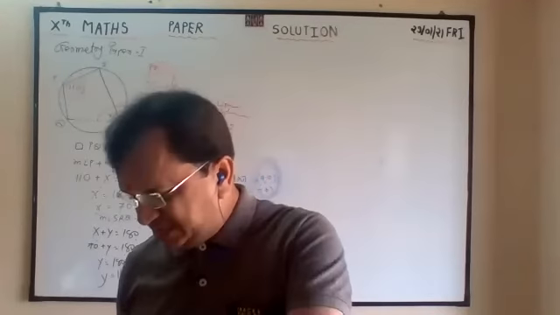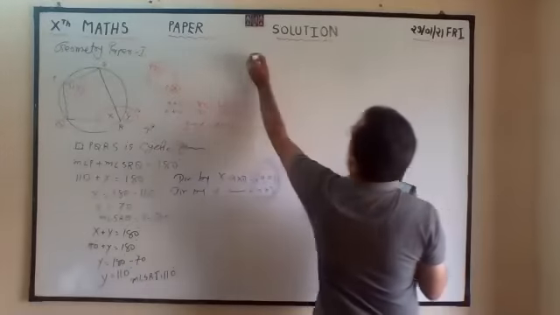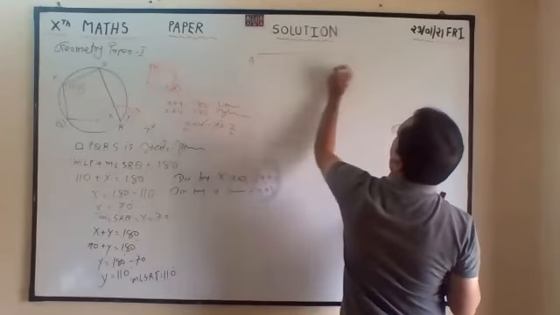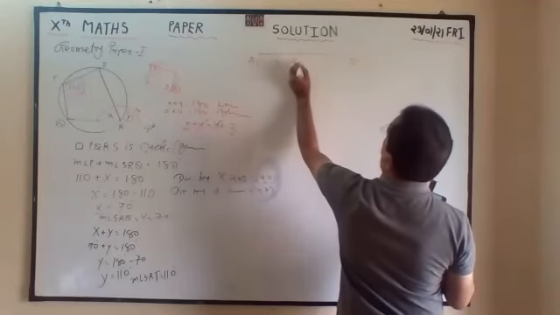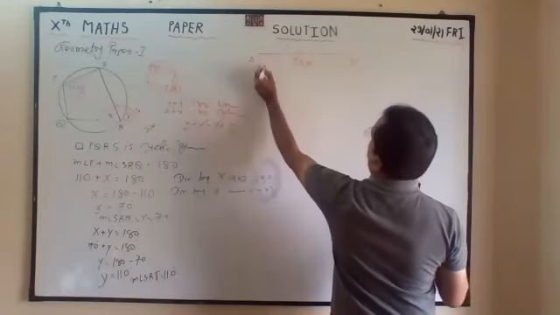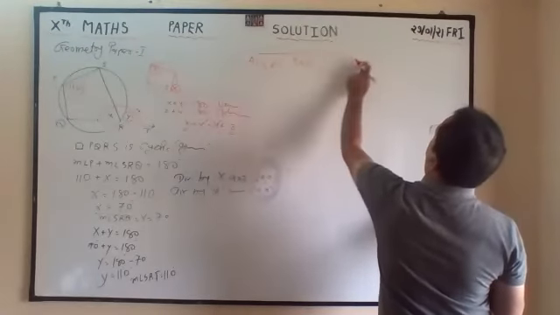A is given, B is given, and it is divided by Y. Somewhere it is divided by that point on Y axis, so 0B. No need to consider plus or minus. Automatically, whatever will be the answer, it will come.